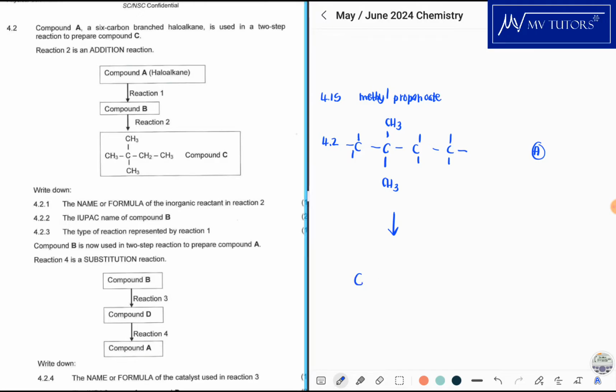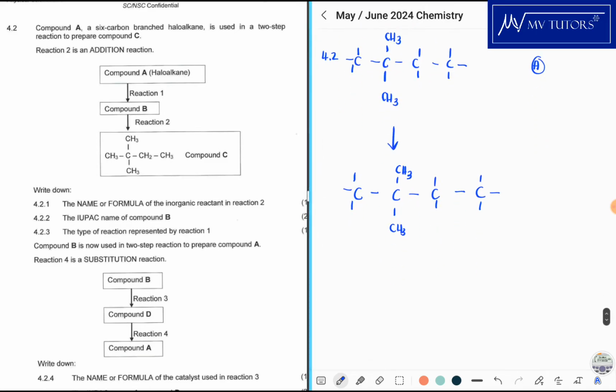I believe the structure will still remain the same. So we're not going to change it. Okay, we have carbon. What happens with compound B, we don't know, but so this is reaction 1. But we know that reaction 2 is an addition reaction.